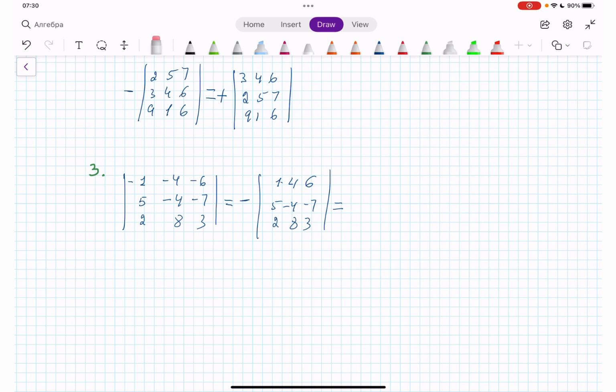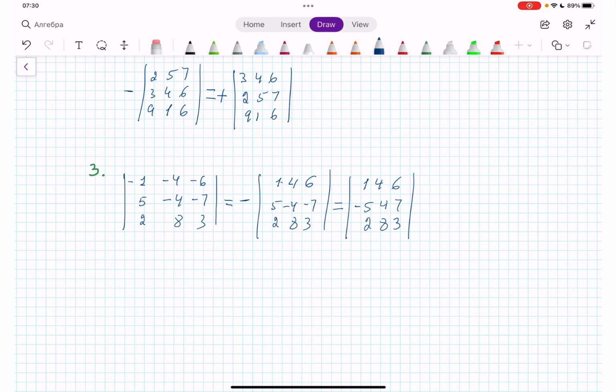I'm cleaning this and writing down this is equal 1, 4, 6, -5, 4, 7, 2, 8, 3. And the determinant is coming out positive in front of determinant. It's going to be positive, right?